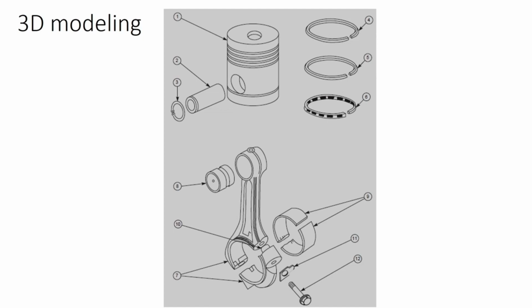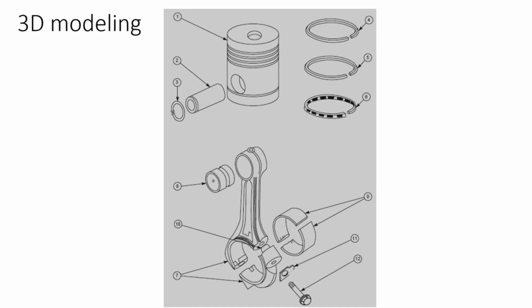As far as industrial components are concerned, the 3D models are more effective, less ambiguous, easy to understand, and a better way of communication. On your screen you can see a piston connecting rod arrangement.